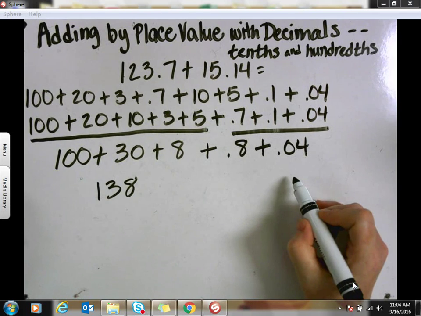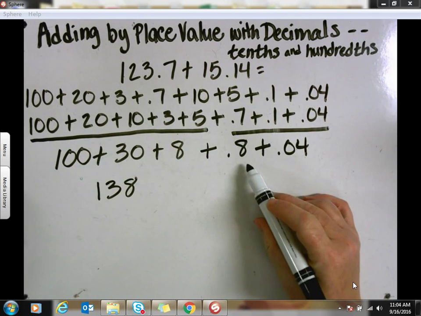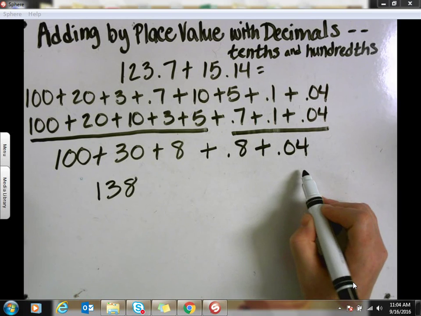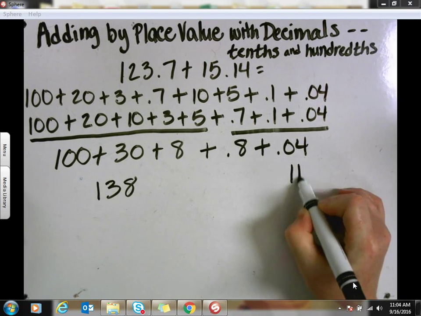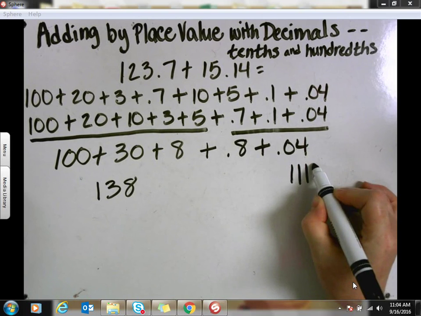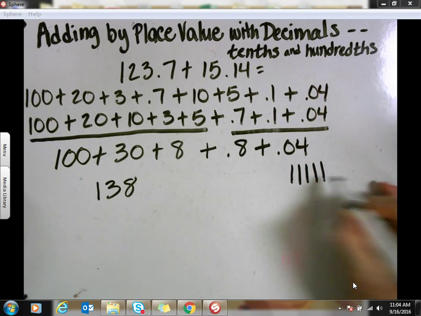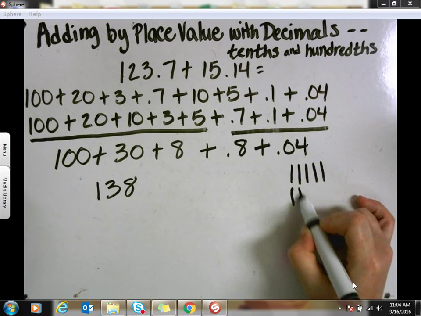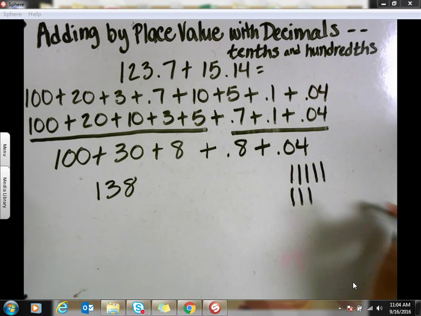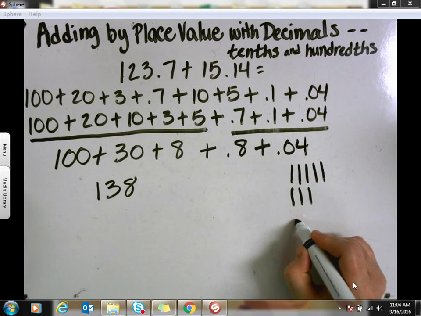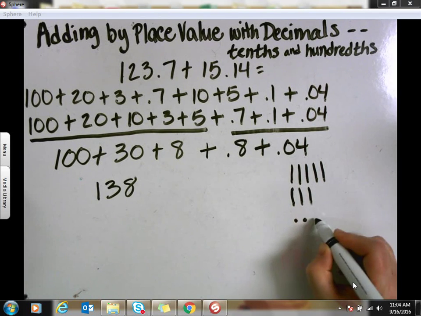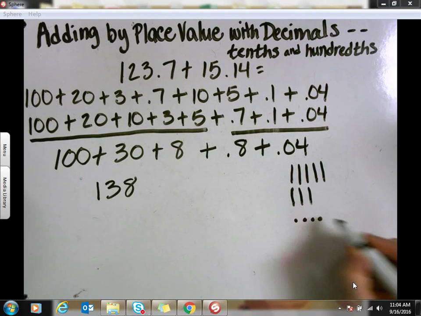In my picture, I want to include my tenths and the hundredths. I have 1/10, 2/10, 3/10, 4/10, 5/10, 6/10, 7/10, 8/10. I also have 1/100, 2/100, 3/100, 4/100.